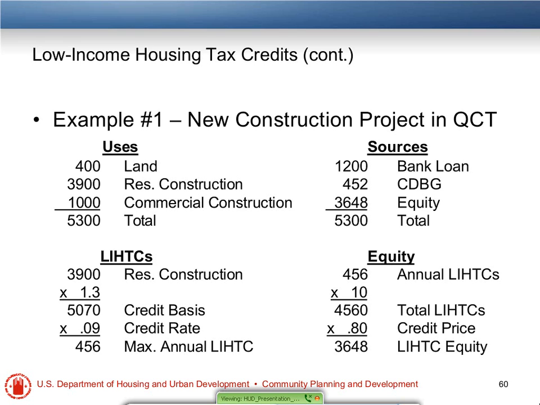We're going to multiply that times our 9% credit rate for $456,000 in the maximum annual low-income housing tax credit. That for 10 years means we have $4.5 million in low-income housing tax credits at a credit price of 80 cents, which is a little low today, but very achievable. That would attract equity of $3.6 million.